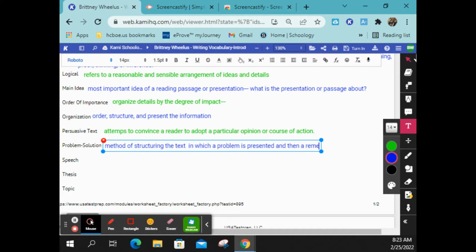I'm going to say a remedy is given. What is another word for remedy? I really just gave you the answer before I said it because I was typing one word and I changed it. What is a synonym for remedy? An answer to the problem or a way to fix it. A solution.